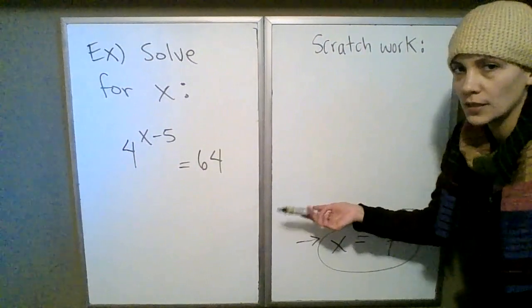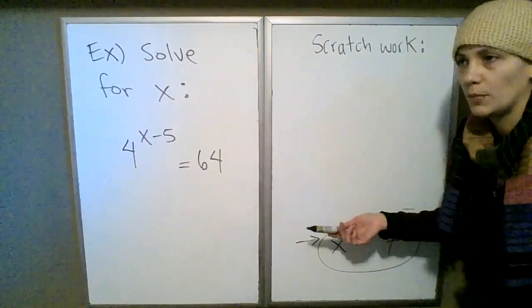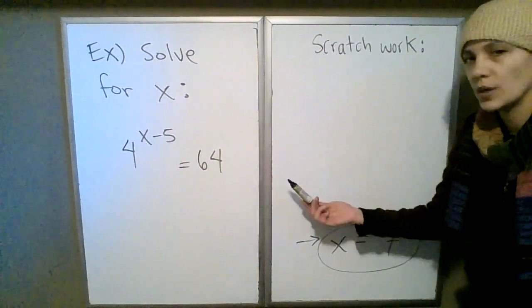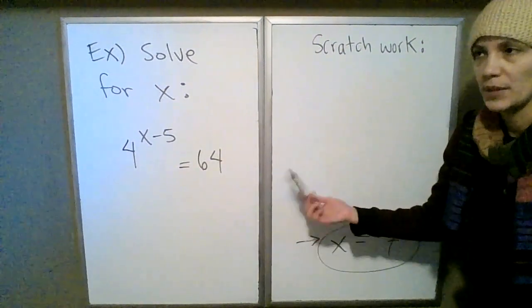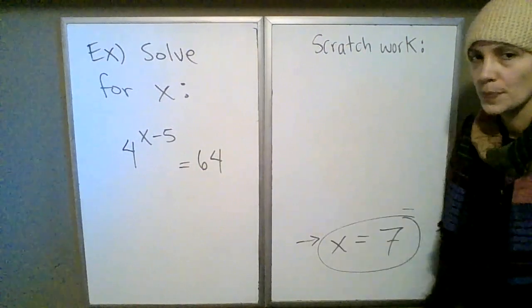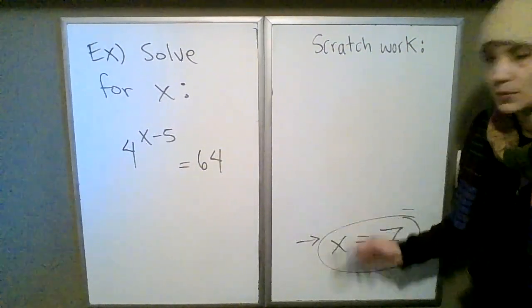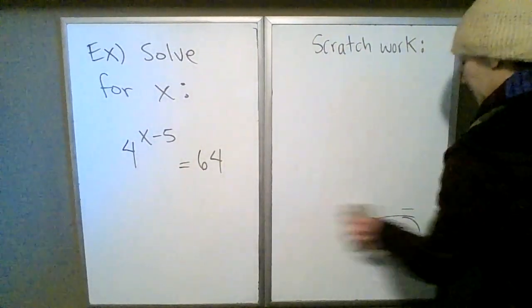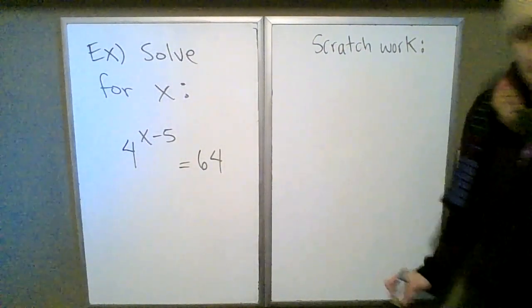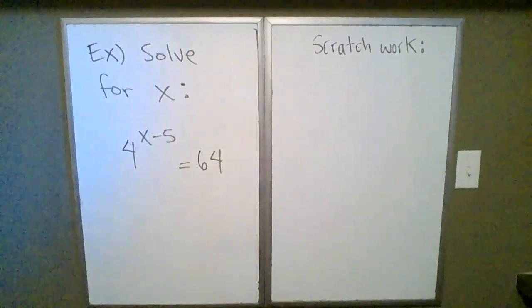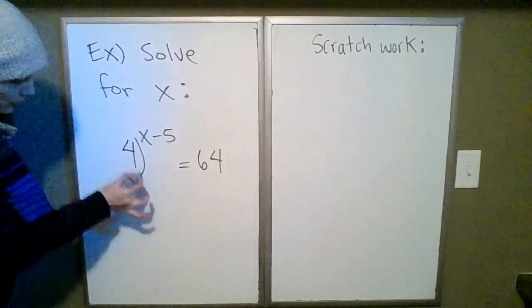Okay, so there's 2 ways to do this problem. There's one way where I got both sides to have base 2, or you can have both sides with a base of 4. I'm going to show you how I solved the problem using the same base of 2. Okay, so I'm going to start with factoring 4.